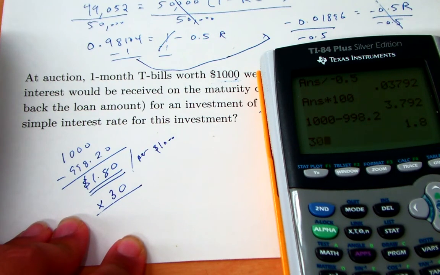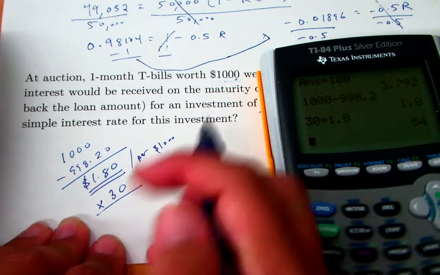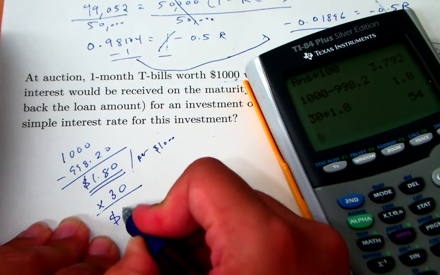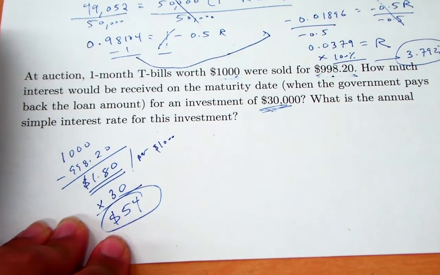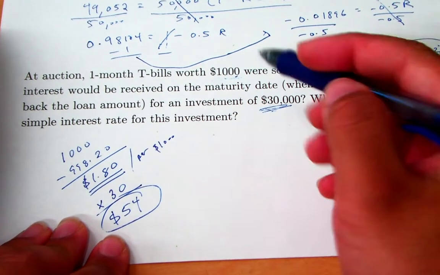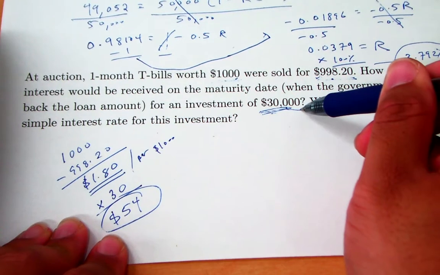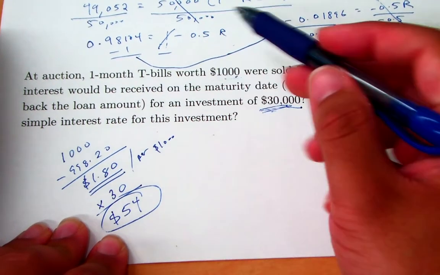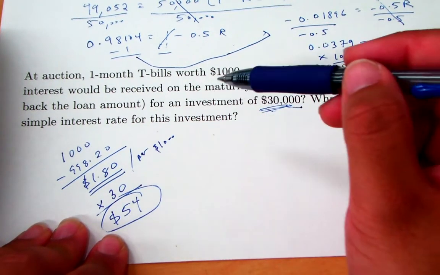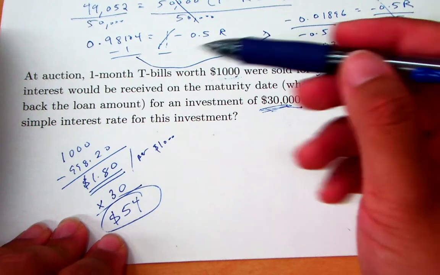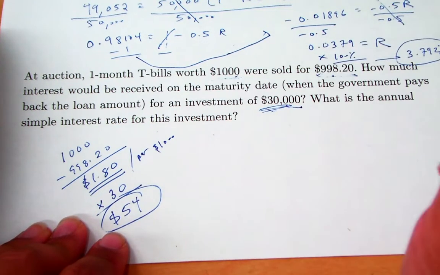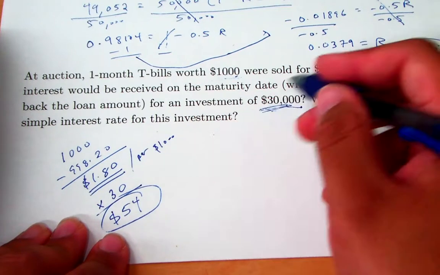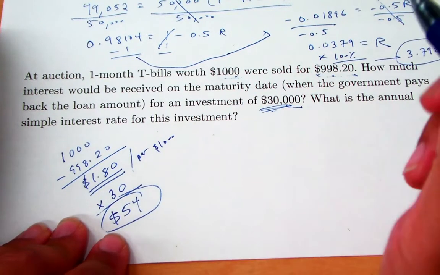So 1.8 times 30 will give me $54. So that's the amount of interest that the lender earned, which if you think about it is not very much. You give the government $30,000, and a month later they pay it back, and they give you $54 on top of the $30,000. But the government's a very reliable payer, so it's a pretty safe investment, right? It's a way to save money, or to make money, just by keeping it in safe hands.